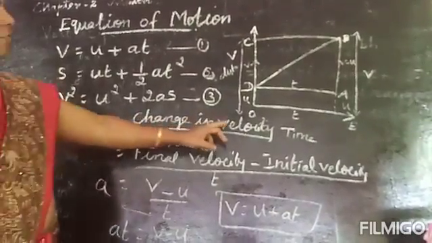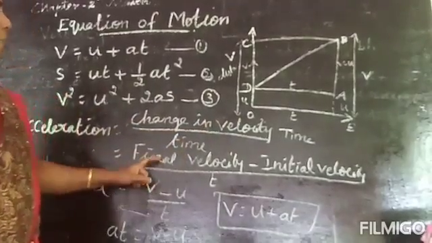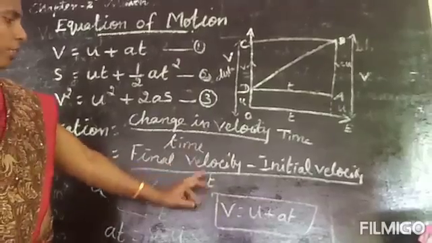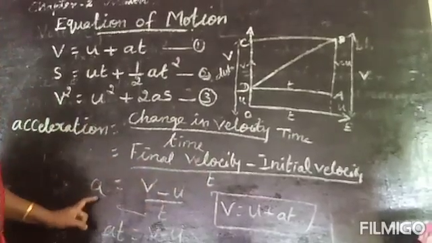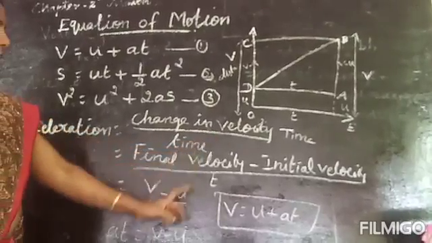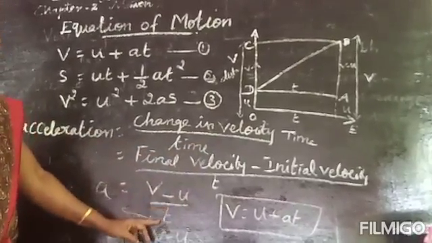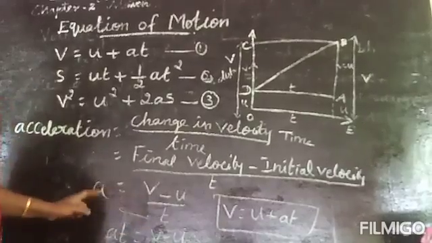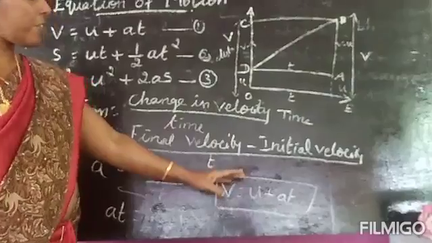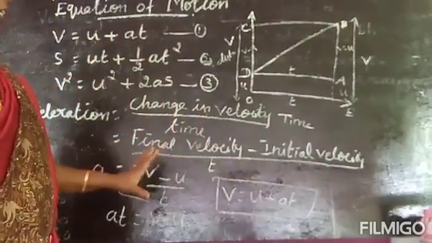Acceleration equal to change in velocity divided by time, final velocity minus initial velocity divided by time. Time is denoted by the letter T, acceleration by A, final velocity by V, initial velocity by U, divided by T. This T you multiply here, AT equal to V minus U. Then we can derive V equal to U plus AT.